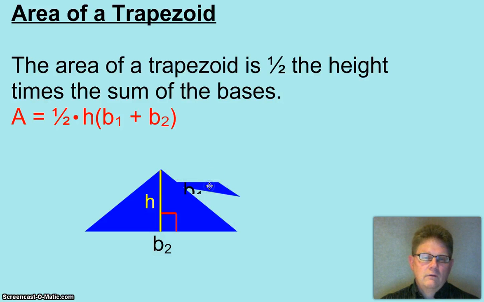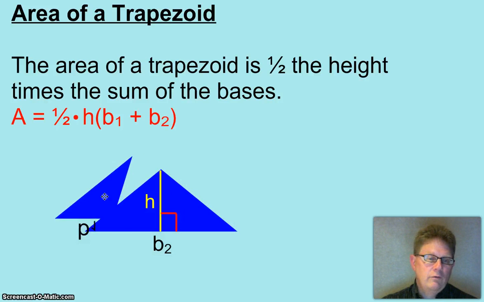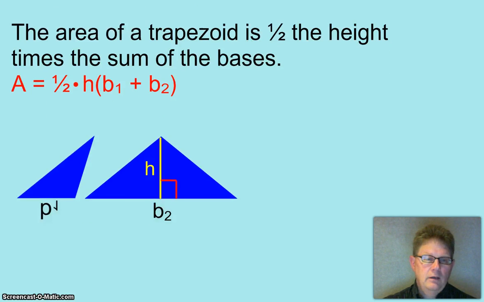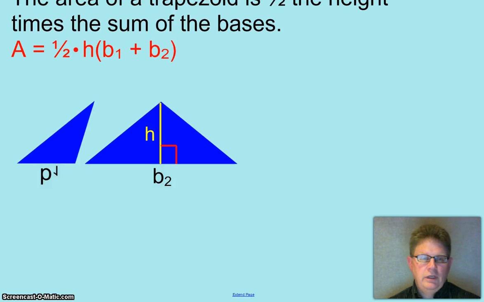Okay? Flip that triangle over there, so base 1 sitting over here, and I guess you don't really need to write this down, you just need to understand what's going on. The area of this triangle is 1/2 base 1 times the height.